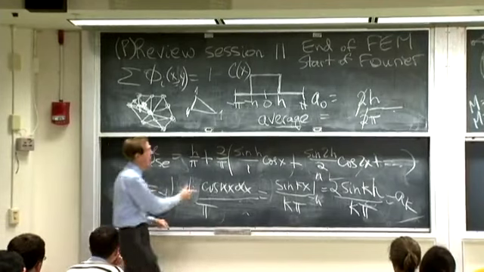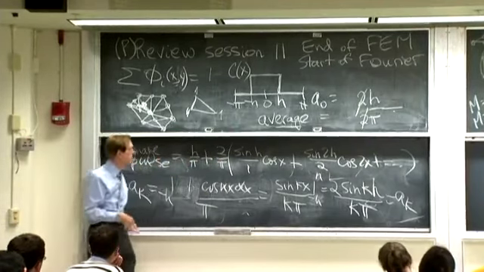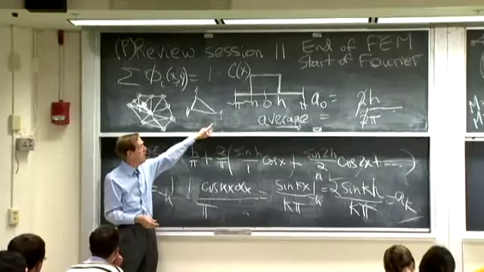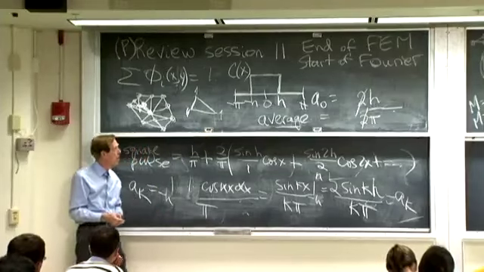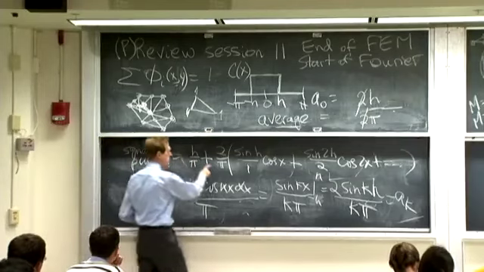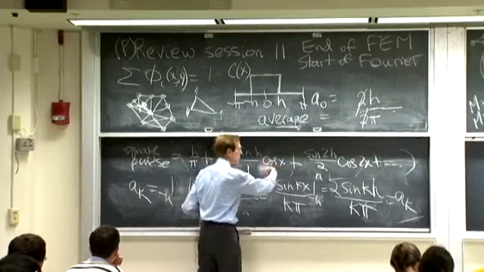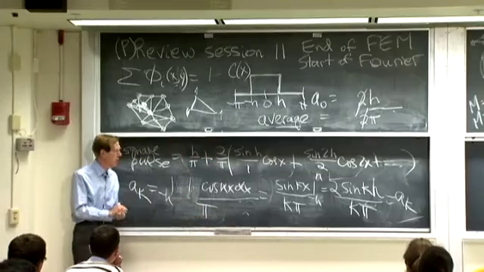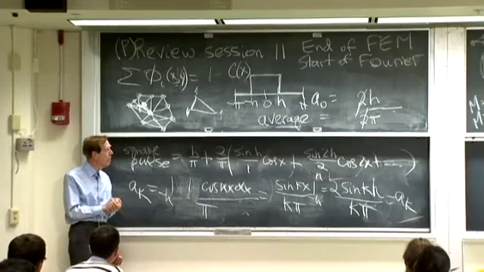What happens to my function as h goes to 0? It goes to 0, right? Squeezed it to nothing. And if h is 0, then sine h is 0. I get 0 equals 0. That's not interesting enough to mention on Friday.